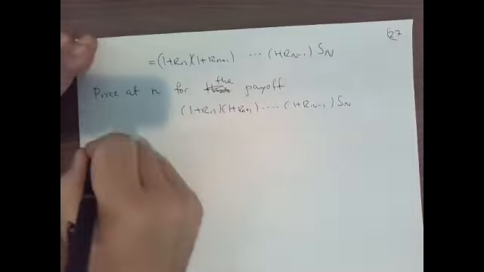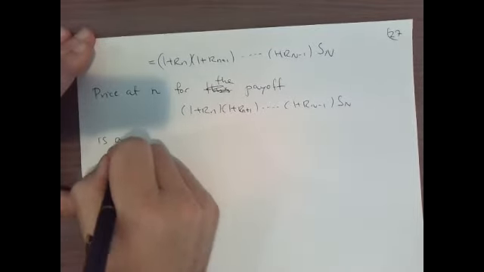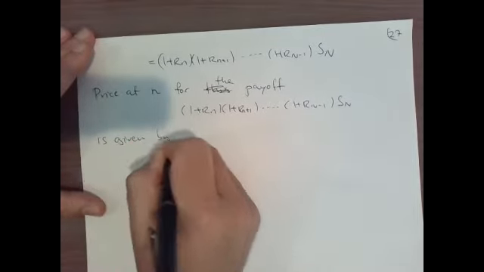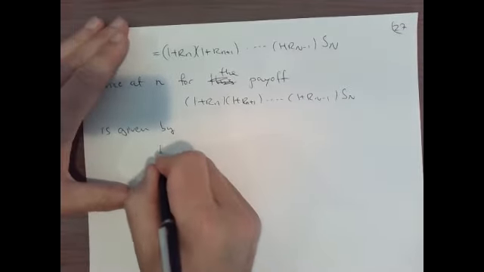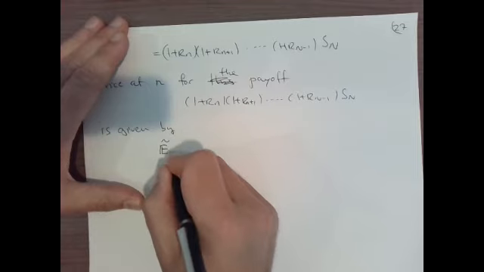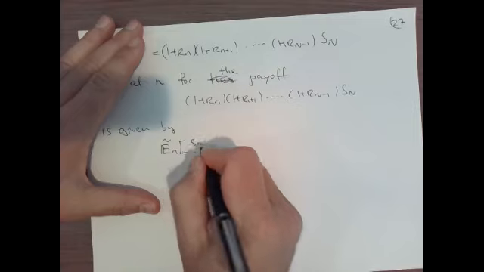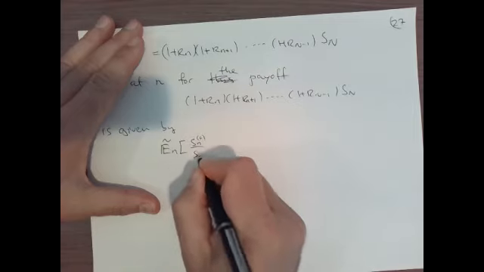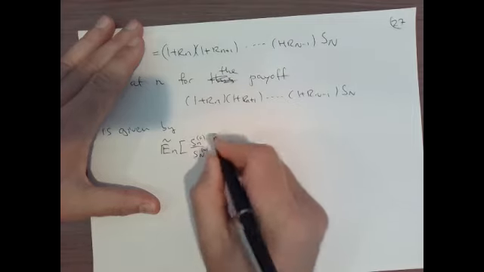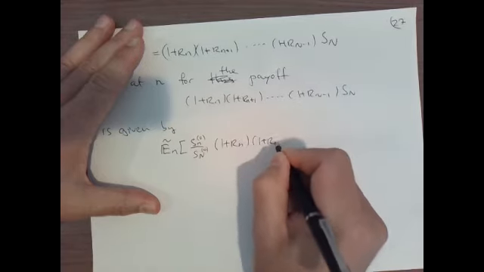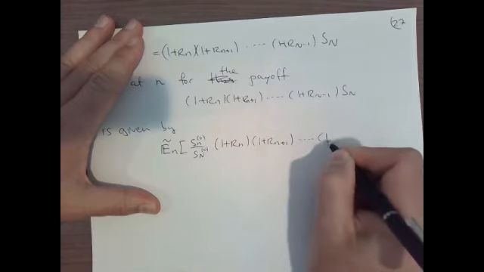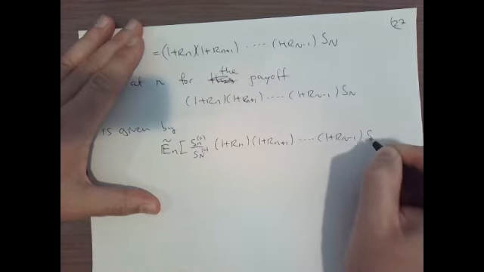The price here is given by a discount. So this is E tilde conditional on n. I will discount it back to time n times this 1 plus Rn, 1 plus Rn plus 1, 1 plus Rn minus 1 times Sn.